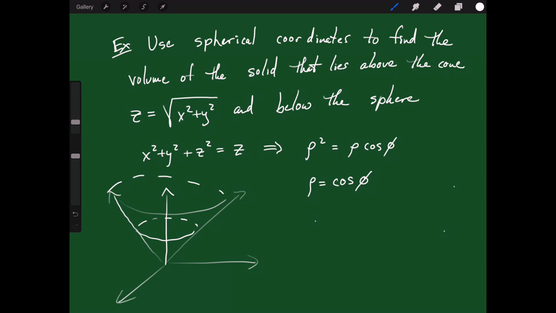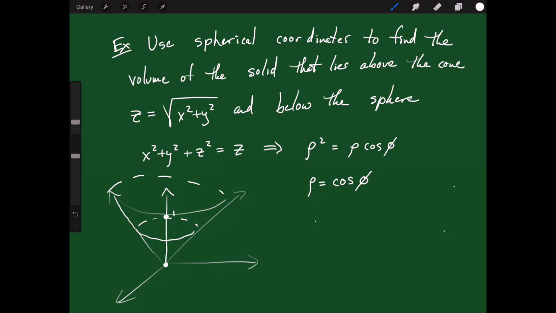When phi is 0, rho is... I'm sorry, when phi is 0, rho is 1. So that would put it out here at 1, so that's 1 unit out.